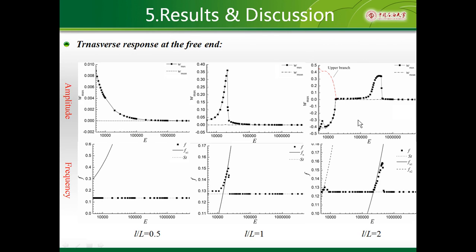For long plate lengths, another interesting phenomenon is also observed, as shown in this figure.